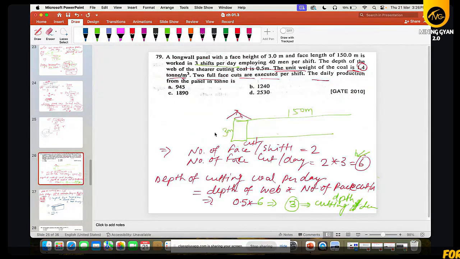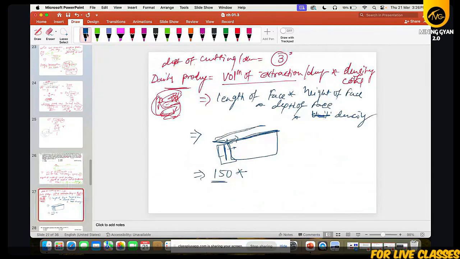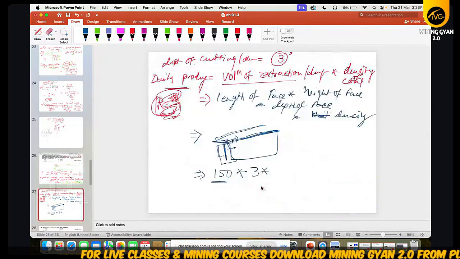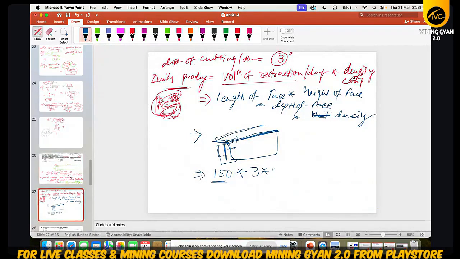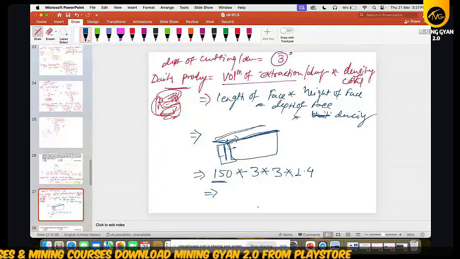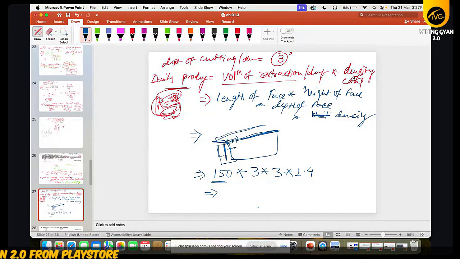Height of the face is 3 meter. Multiply depth, depth we have calculated 3, cutting depth we have calculated 3, and density he has given us 1.4. So multiply, I told you whenever this type of calculation comes, you try to make zeros, right?